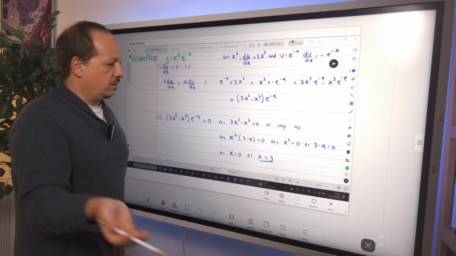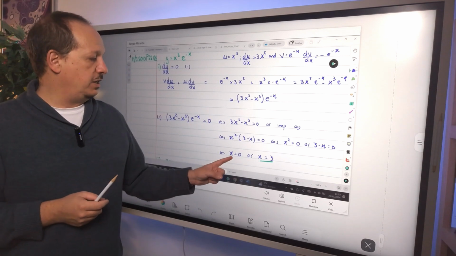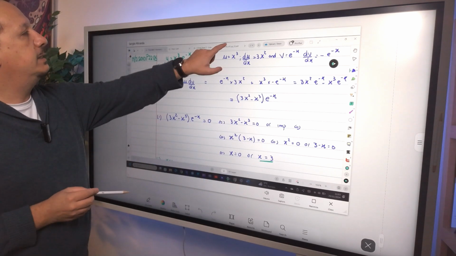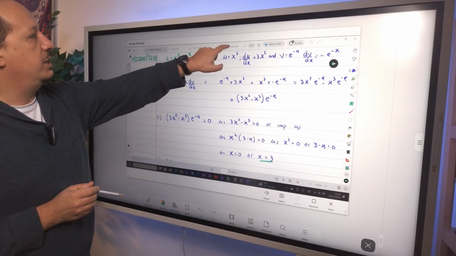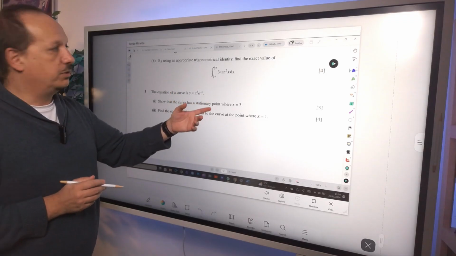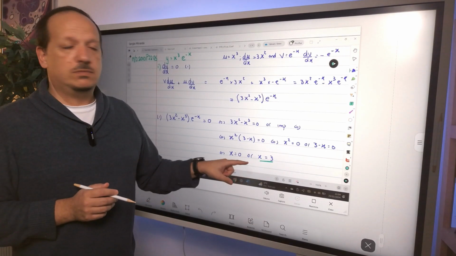Just solve as you are already used to. And eventually you get two values, either x equals 0 or x equals 3. You just have to prove that x equals 3 is one of the options. It doesn't say anything about x equals 0, so it doesn't matter. So you already proved it, okay?